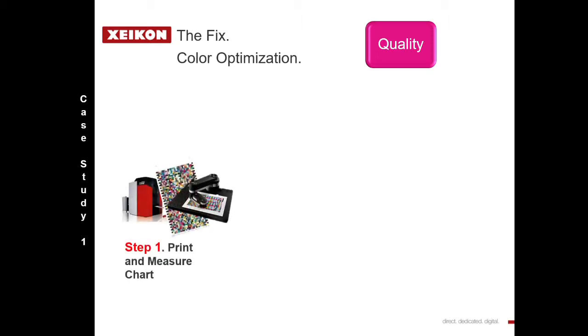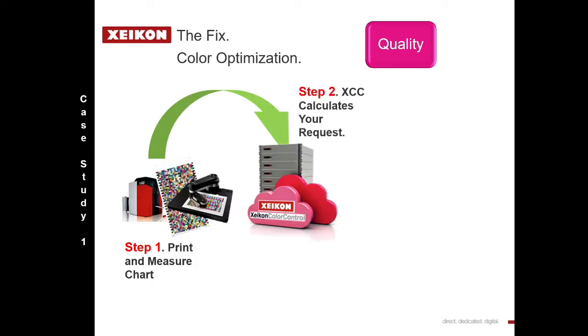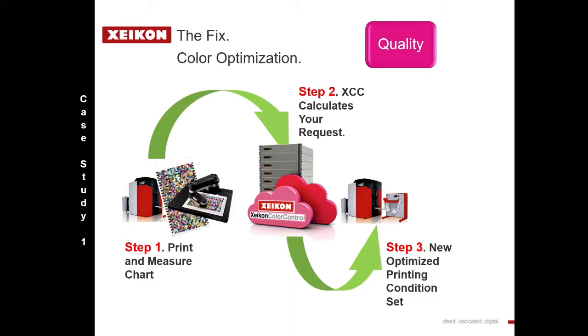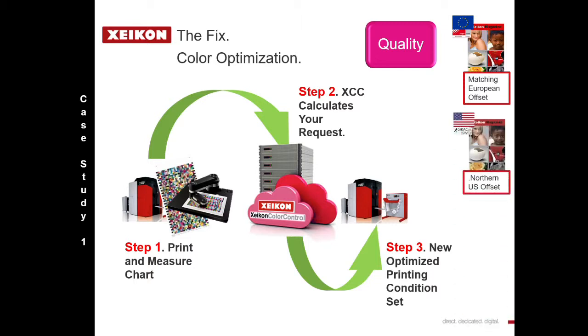So by taking a measurement from our Zycon and then calculating in our software, Zycon Colour Control, the request, what we actually want to see, we can then load that print condition onto our engines, and here presto, we can match the customer's requirements. In this case, it was to print to FOGRA 39, but once we're at this stage, we can print to any other expected colour condition we need.